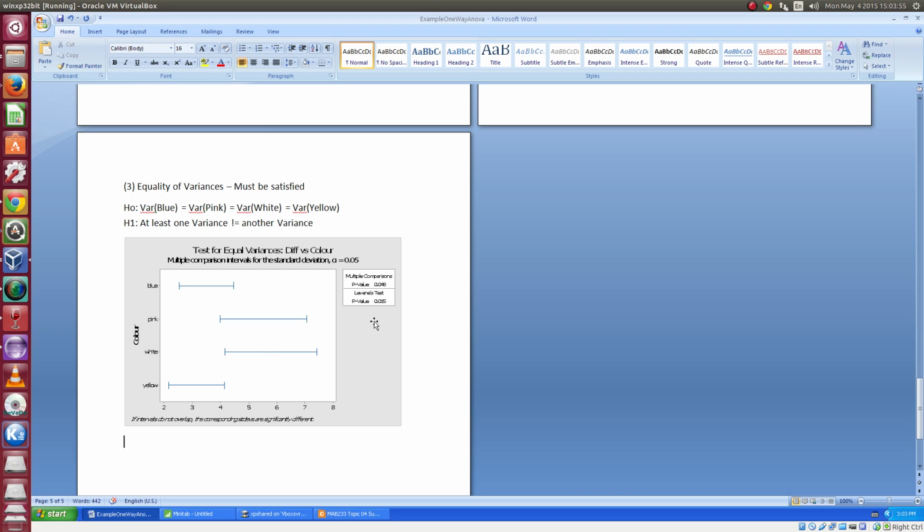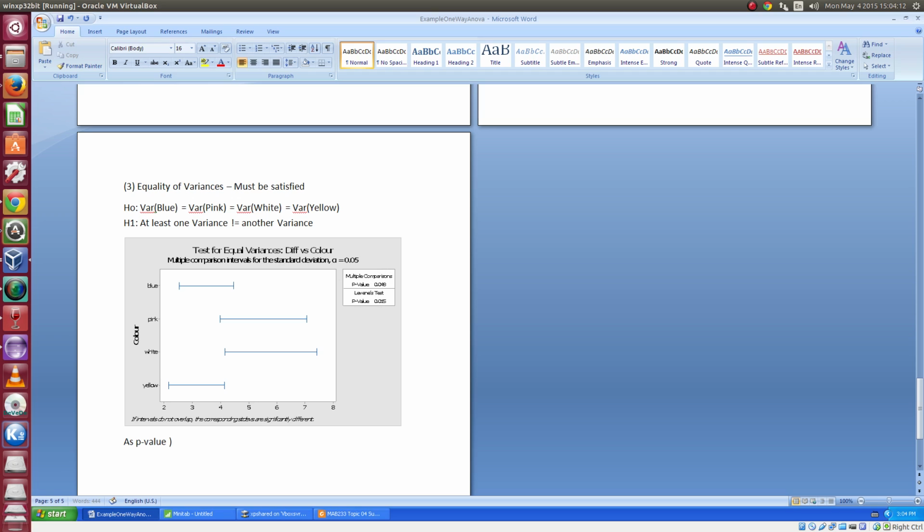Anyway, the key thing that we're looking at here is this p-value. We've got a p-value of 0.015. Oh, and sorry, I know that when you're doing this in Minitab 16 and before, there's Bartlett's test above this. Don't worry about that. All we're interested in is Levene's test.